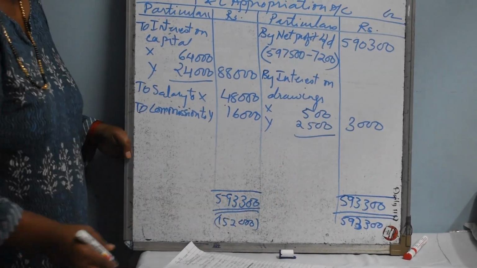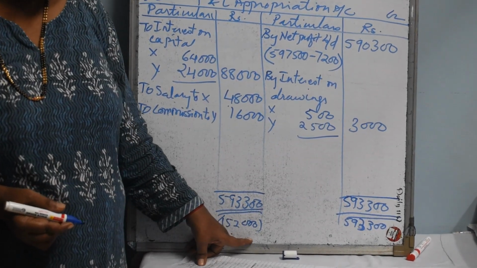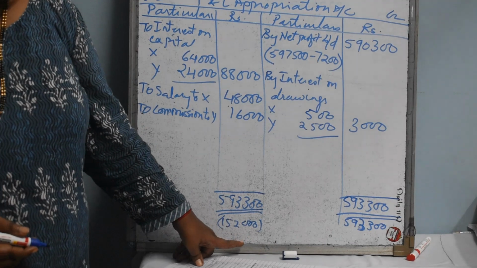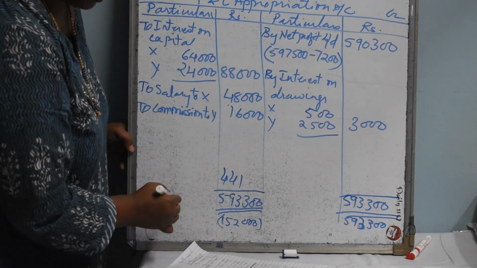And from this 5,93,300 minus 1,52,200, the balance amount we are getting is 4,41,300.